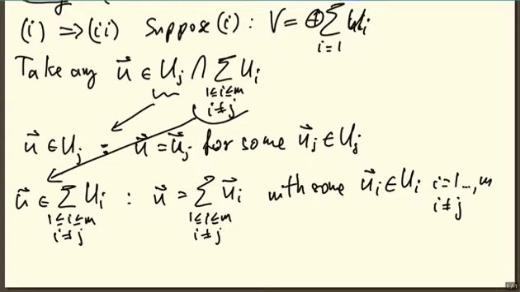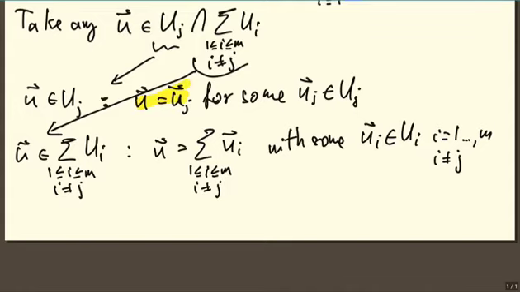We set these two expressions equal to each other. u is a u sub j vector, and also it's a sum of some other vectors. That kind of already tells you that there seem to be two different representations.